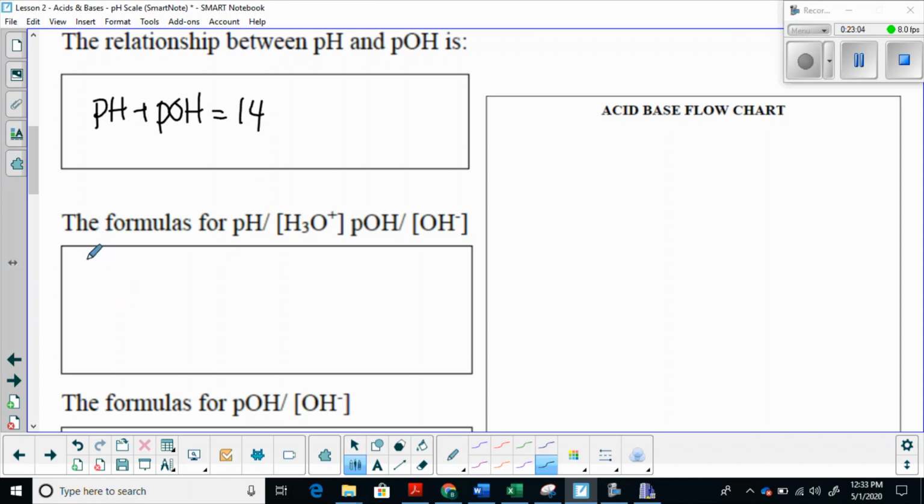The relationship between pH and hydronium ion, sorry, these are the two formulas. pH is equal to negative log of your hydronium or hydrogen ion concentration, and hydronium is equal to 10 to the negative pH.